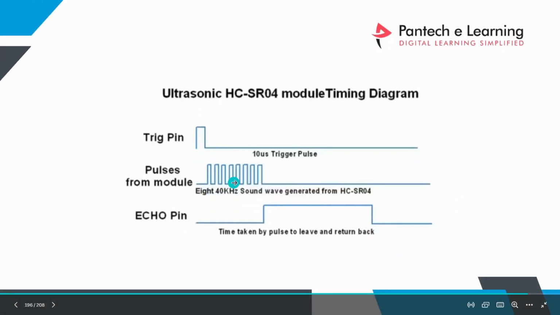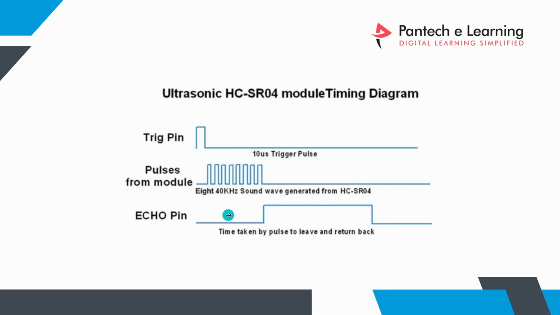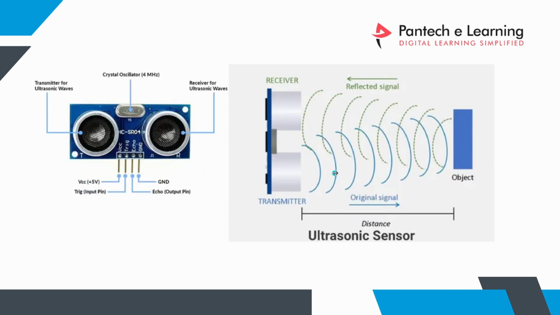The echo pin will be in the idle state, logic 0, at the initial state. Then when the object is detected and the echo is received, the echo pin is going to go to the high state, which is logic 1, and it is going to stay in logic 1 for the duration of the pulse. So the echo pin stays in the high state as per the distance of the wave.